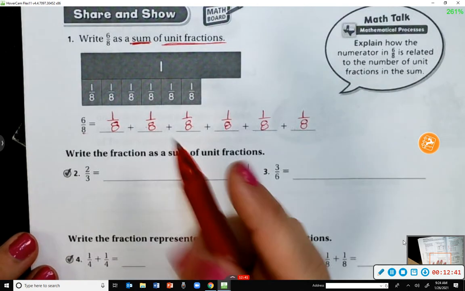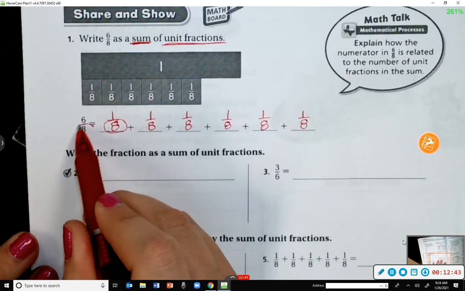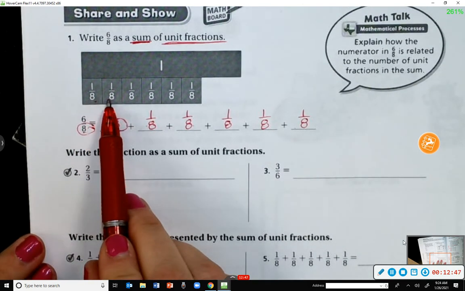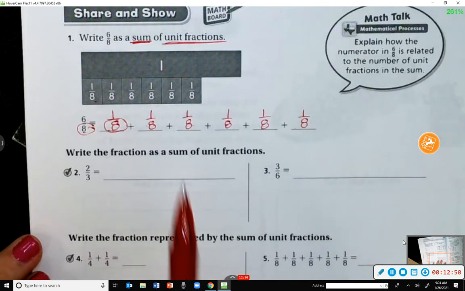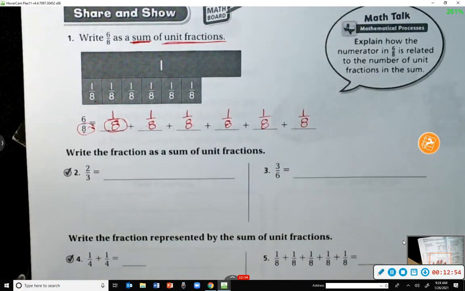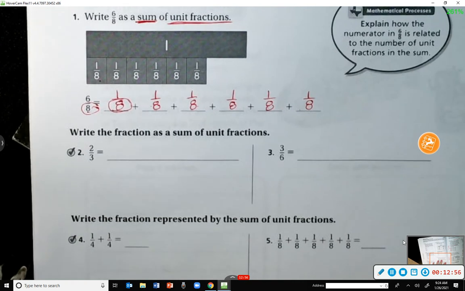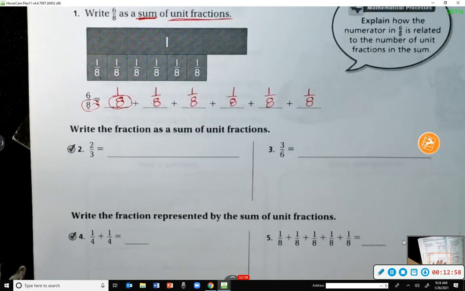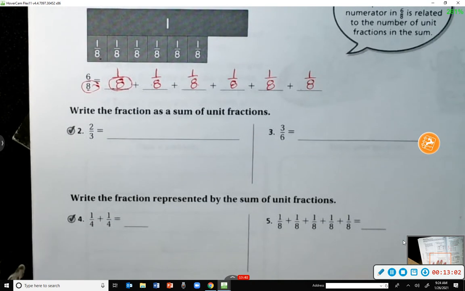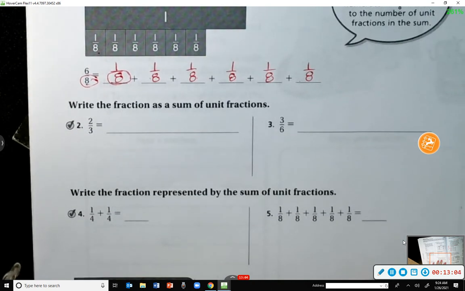Okay, again, notice the denominator is not changing. We're still using pieces that are 8s. So we don't add those up. All right, I want you guys to try number 2. Write the fraction as a sum of unit fractions. The denominator will not change.